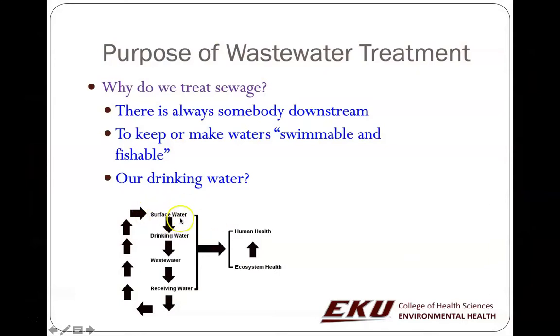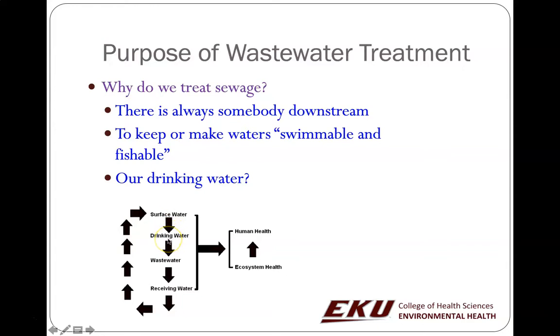The quality of our surface water impacts our drinking water, whether that be from harmful algal blooms, from too many nutrients, or from sewage or pharmaceuticals. As you know from our previous section, over half of our nation gets their drinking water from surface water.